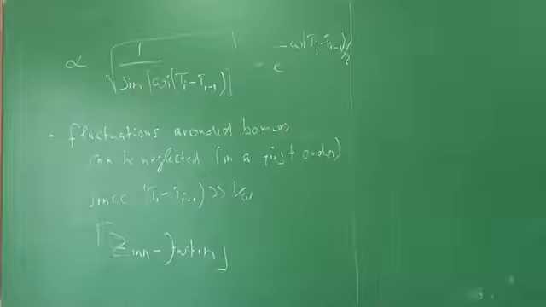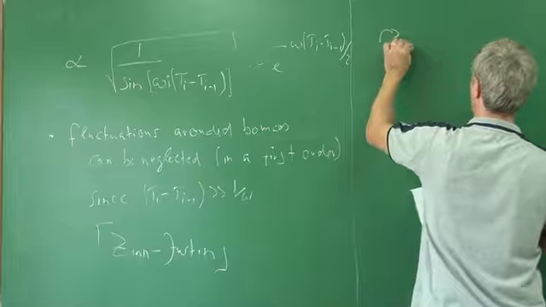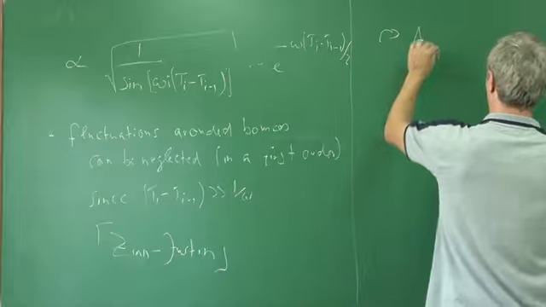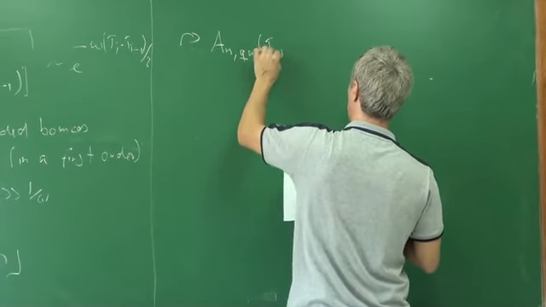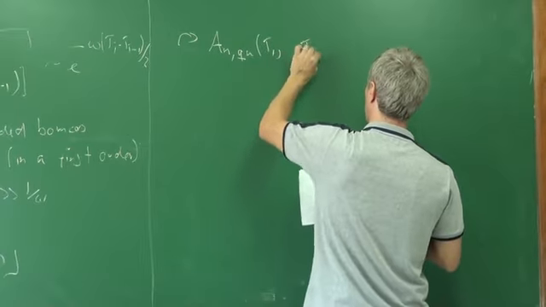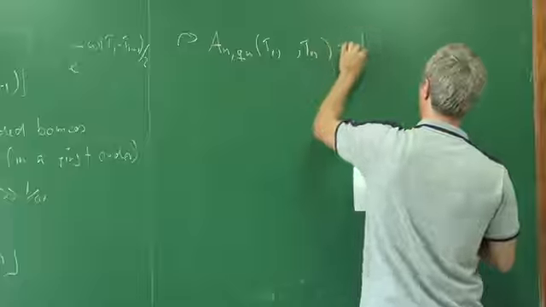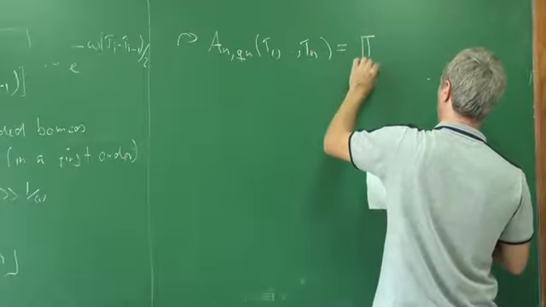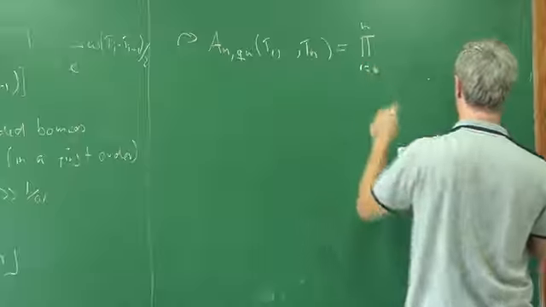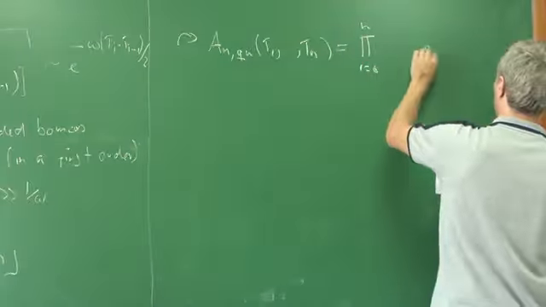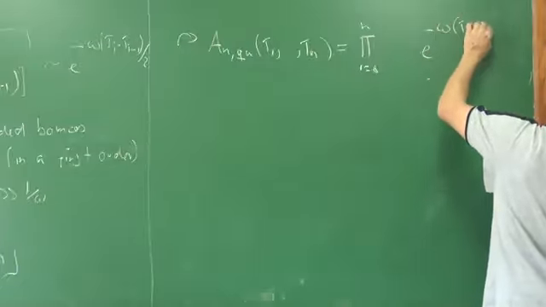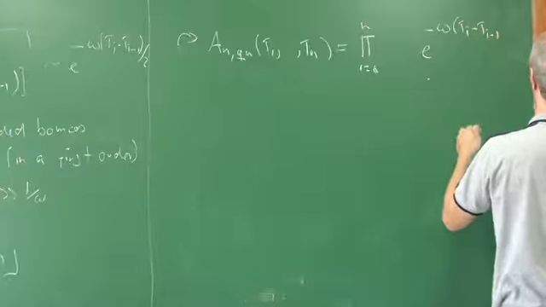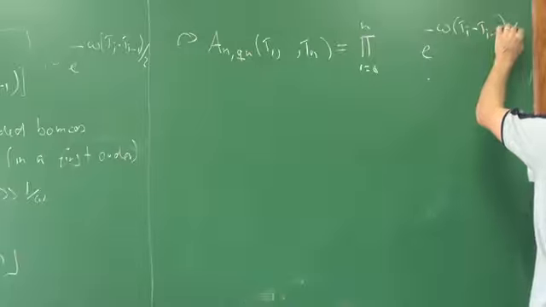Okay, so with this approximation, we find that the quadratic fluctuations, the fluctuation determinant for the n instanton event or configuration, is just given by the product of these contributions, tau I minus tau I minus 1, divided by 2.